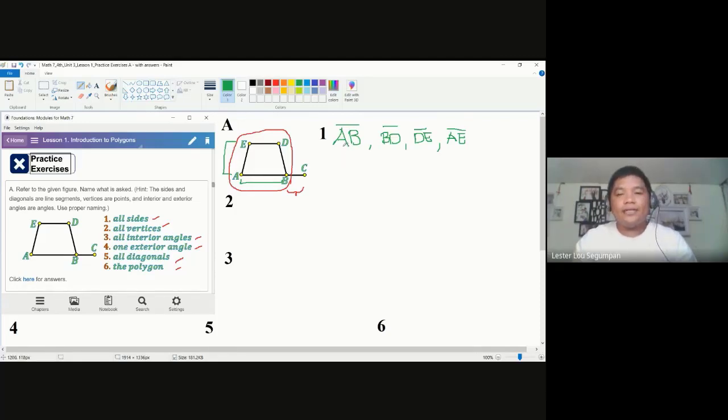Aside from determining the sides, we could also determine the vertices of this polygon here. As mentioned, the vertices of the polygon are the common endpoints of each pair of sides. So if we're going to look at this polygon here, the first vertex is the point A. Let me change the color. Point A, as it is the common endpoint for side AB and side EA.